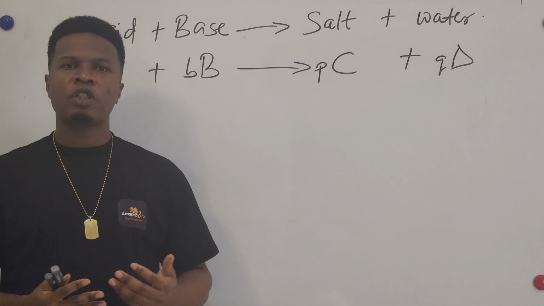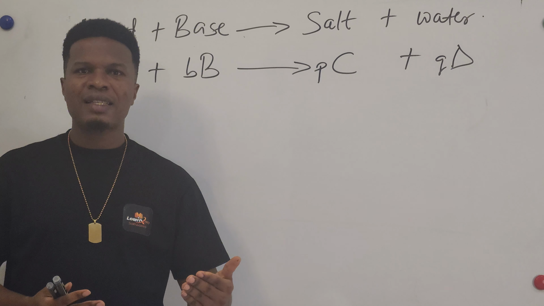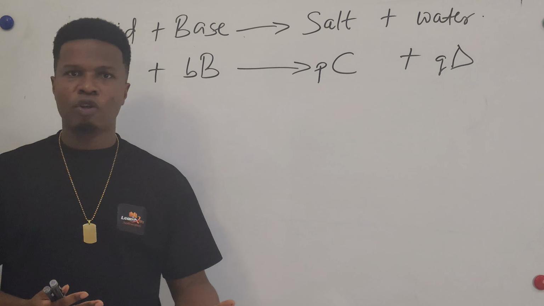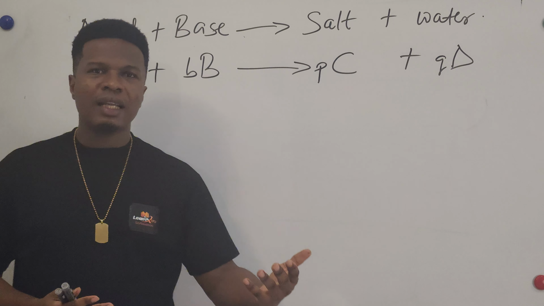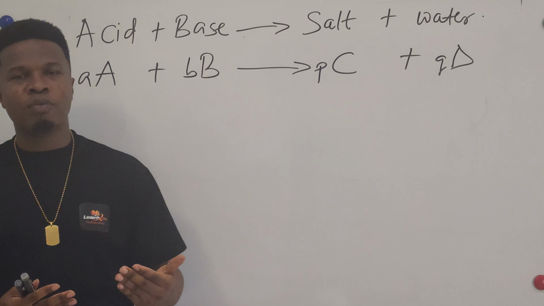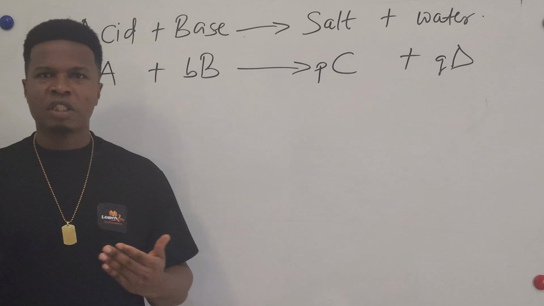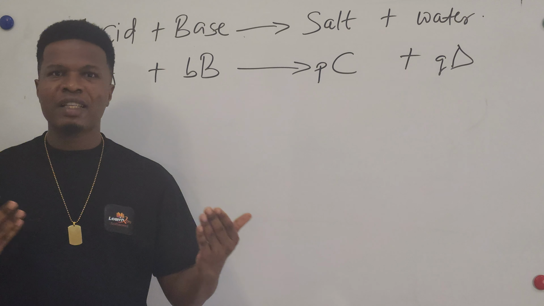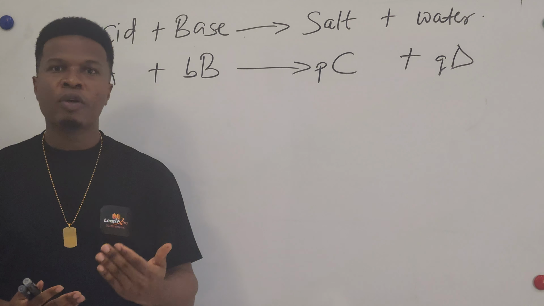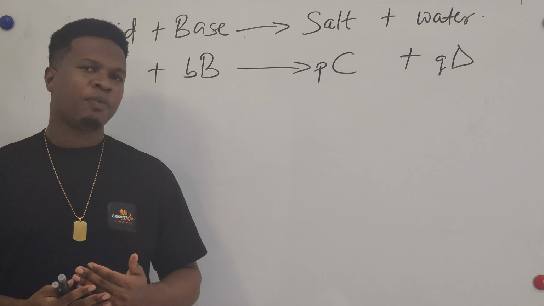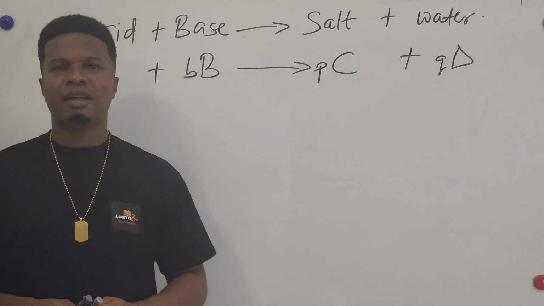For such reactions, you are reacting the acid with a given concentration and volume, and also the alkali with a given concentration and volume. So there is a relationship between these two, and there's an equation we can generate that can help us attempt questions that involve acid-base reaction.